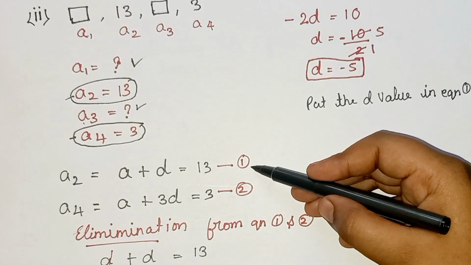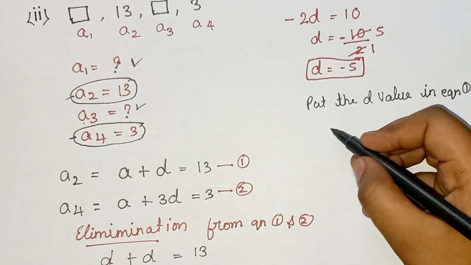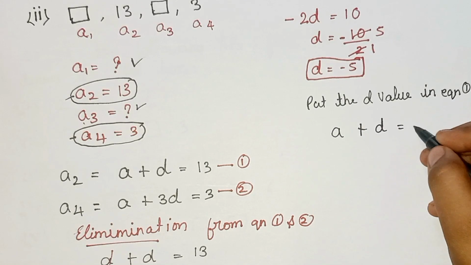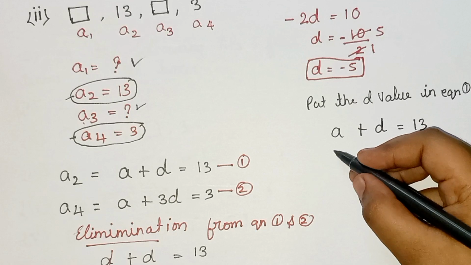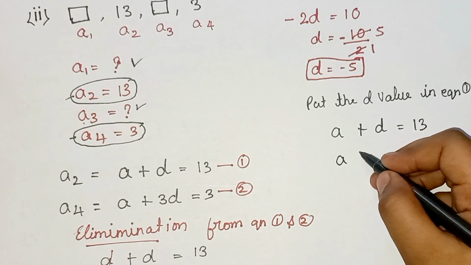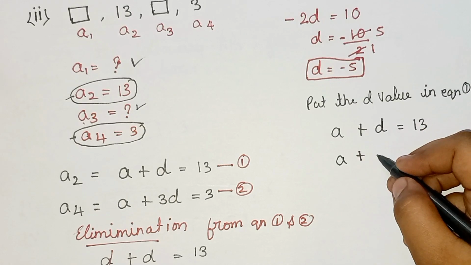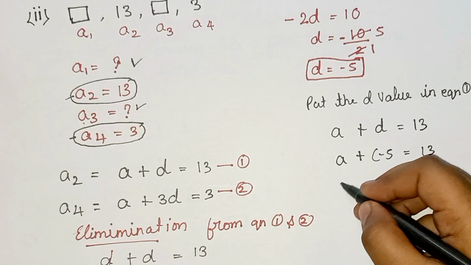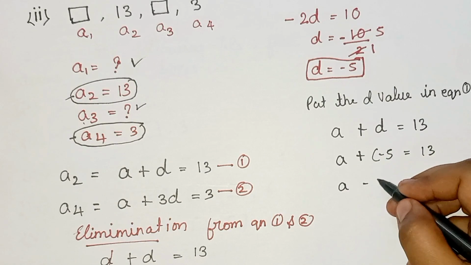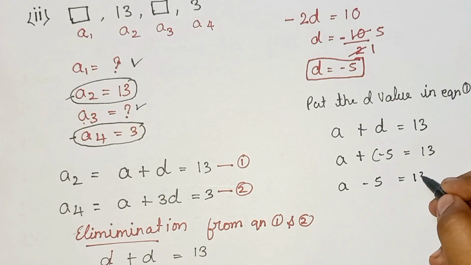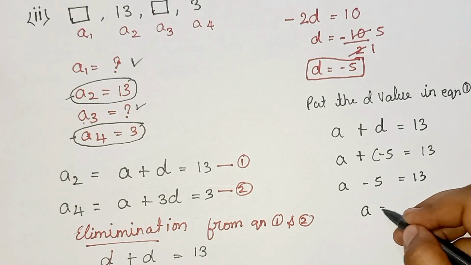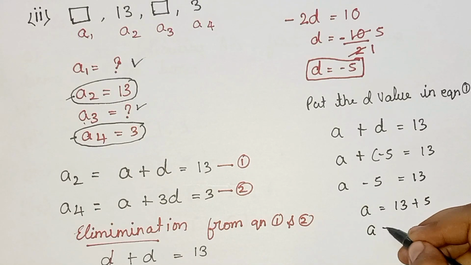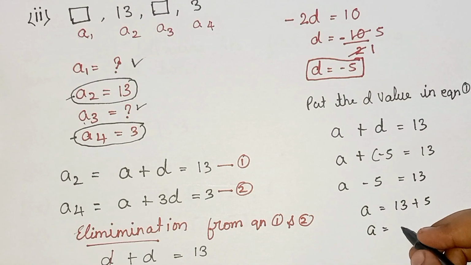This is equation number 1, that is A plus D is equal to 13. Here we don't know the A value, plus the D value we know, that is minus 5, is equal to 13. So a plus into minus is minus. So A minus 5 is equal to 13. So A is equal to 13 plus 5. So 13 plus 5 is 18.